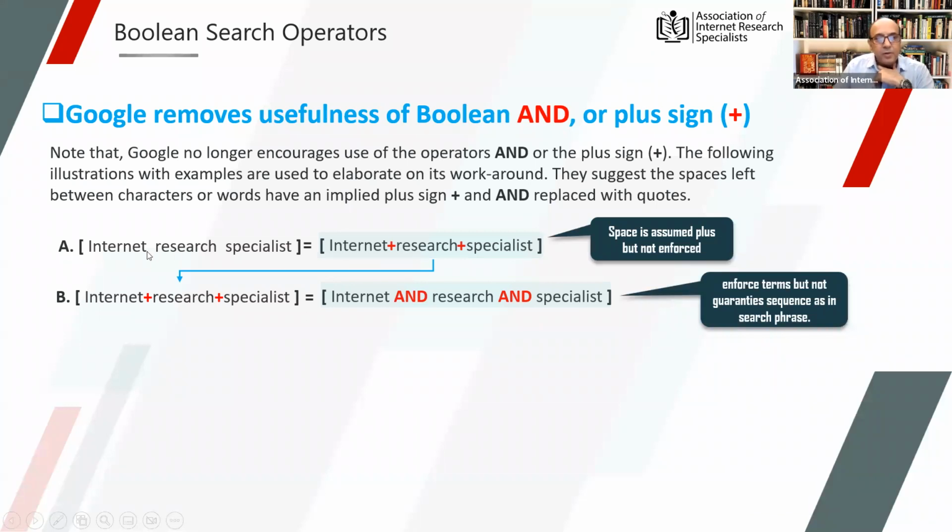Now, what happens when you leave a gap of a single character? It acts in two ways. One, it separates the terms. Second, it assumes, and it is an assumption again, not a convention or a compulsory enforcement, that the gap is replaced by a plus sign.